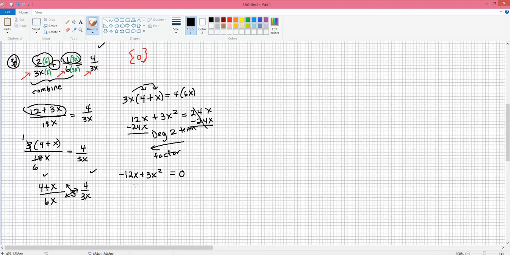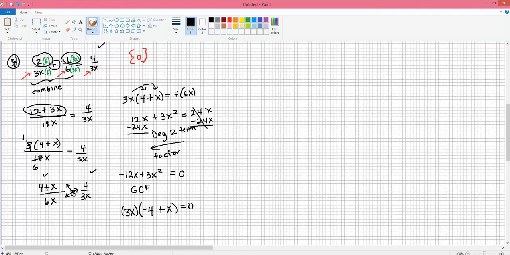Now what kind of factoring can we do? GCF factoring. So I'm going to pull out a 3x. Right? That's negative 12x plus 3x squared.